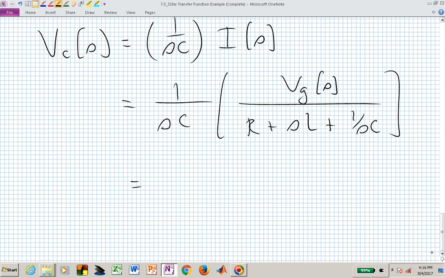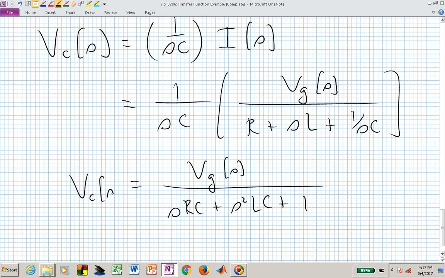If we multiply all of those terms in the denominator through by SC, we'll actually cancel the 1 over SC, and we're left now with V sub g of S over SRC plus S squared LC plus 1, and that's now equal to V sub c of S.